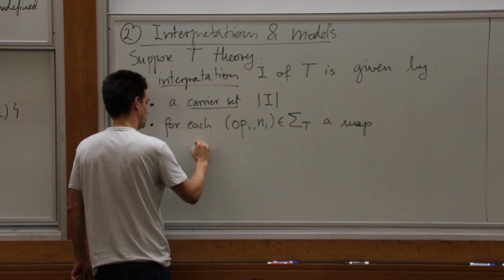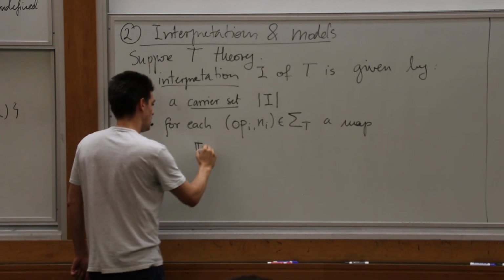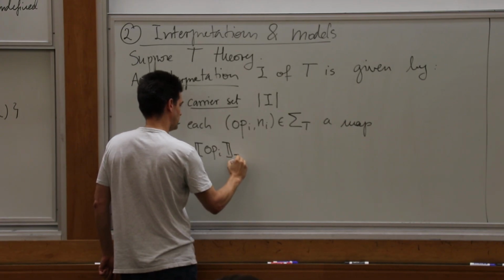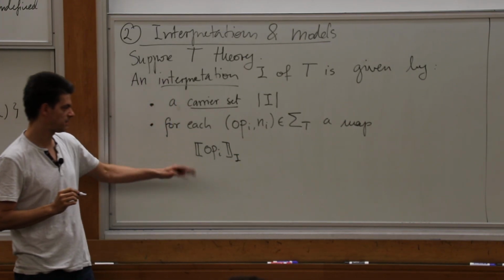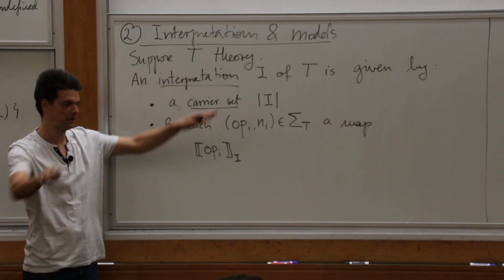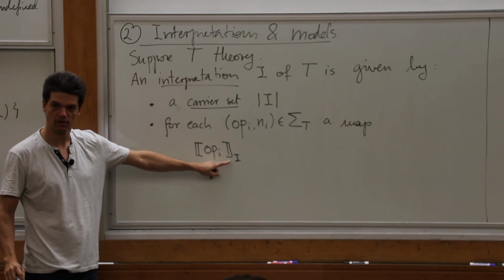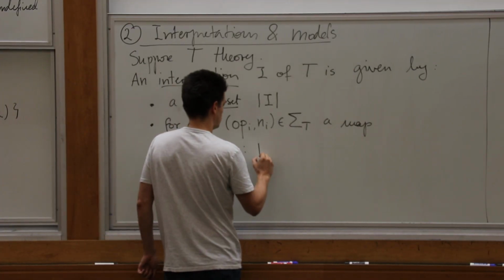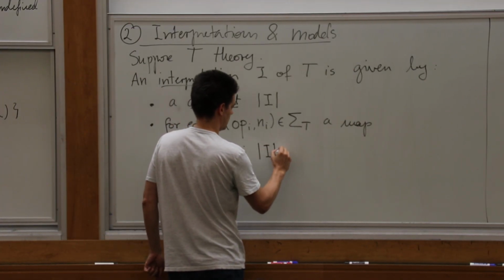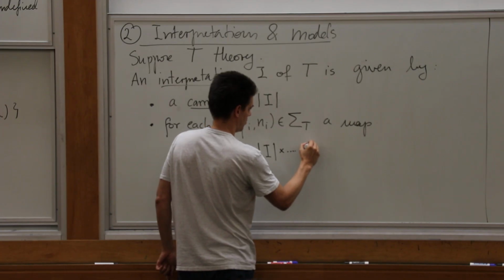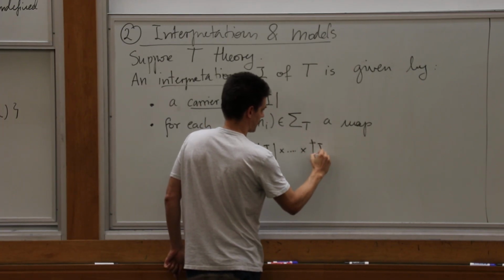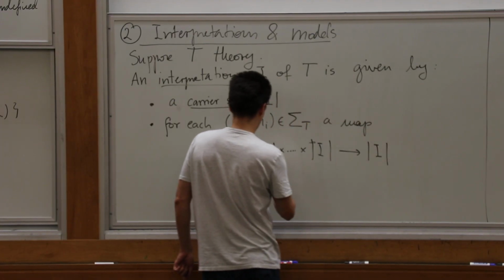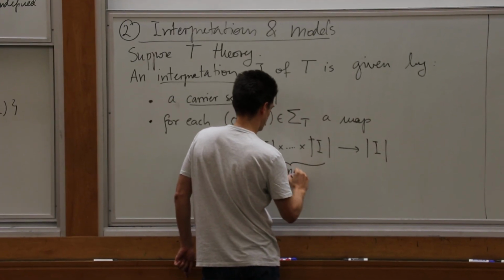which I will write using the semantic bracket, op, and since sometimes you will have many interpretations running around at the same time, I will subscript it here with I. So this is with respect to I. And this is going to be now a map on the carrier where this needs to be of the correct arity.